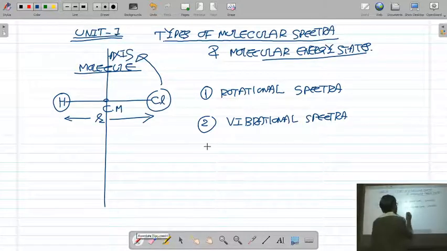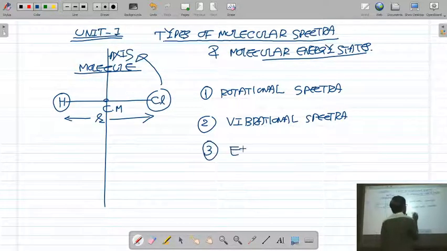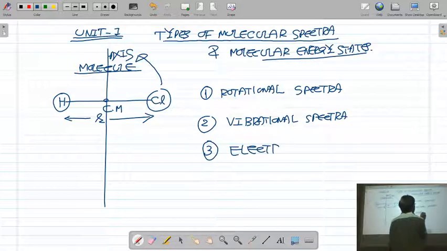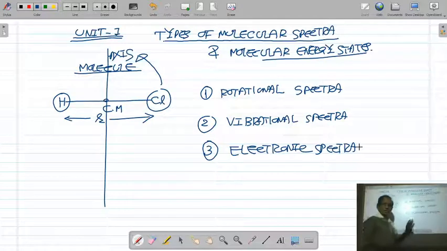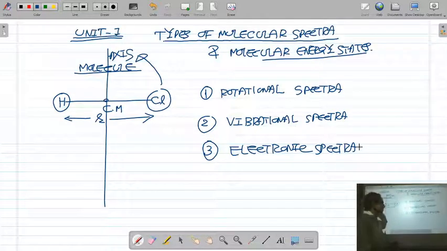And one more spectra is electronic spectra, which we will study in the next term. Electronic spectra is a very complex spectra. In electronic spectra, the rotational energy of the molecule is going to change, the vibrational energy of the molecule is going to change, and the electronic energy of the molecule is also going to change. So we have to consider vibrational transitions as well as rotational transitions.